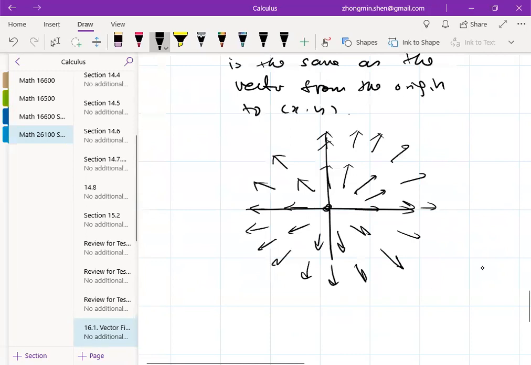So this is how they draw. You catch the key properties of the vector, and then you can start to draw it. You can only draw a few of them, but you make sure you understand the vector: how the length changes is also important, and the direction.